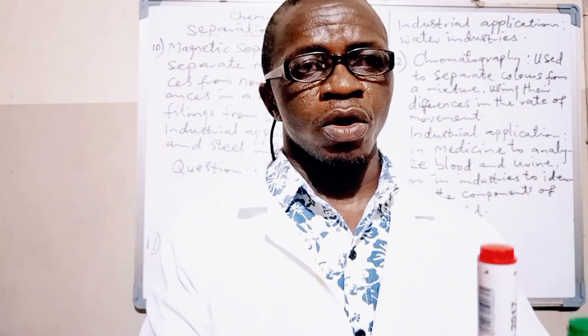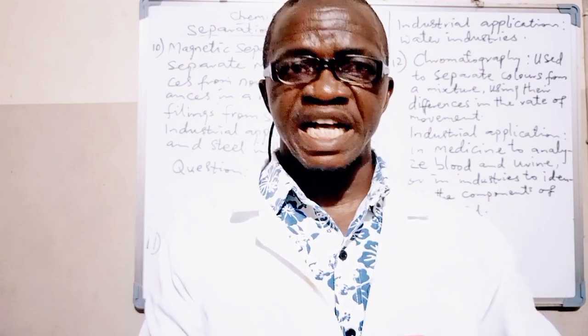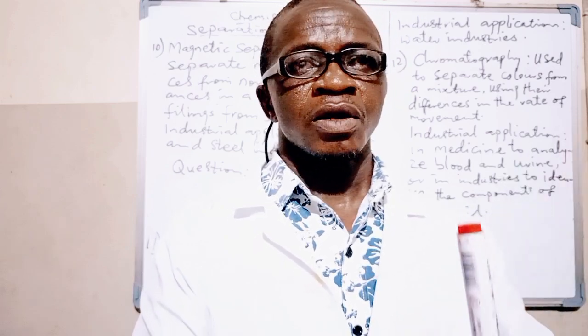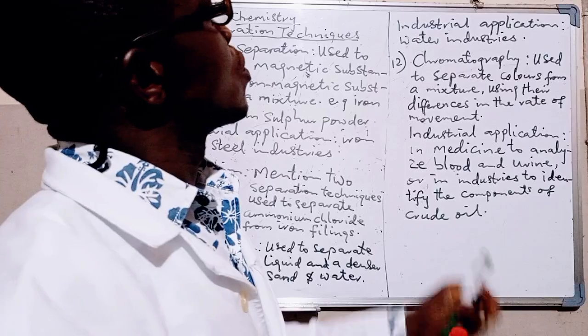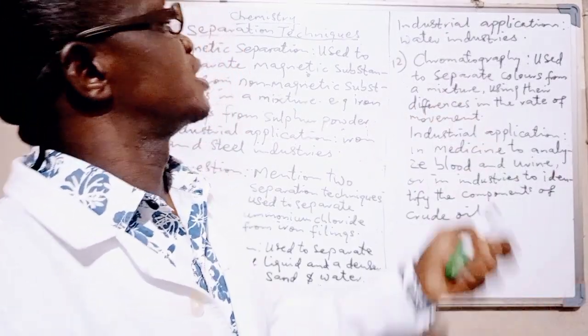When they talk about color, dyes, ink, note these three things: color, dyes, ink, and chlorophyll. They are referring to the technique that you can use to separate the different colors present in them. It is what?